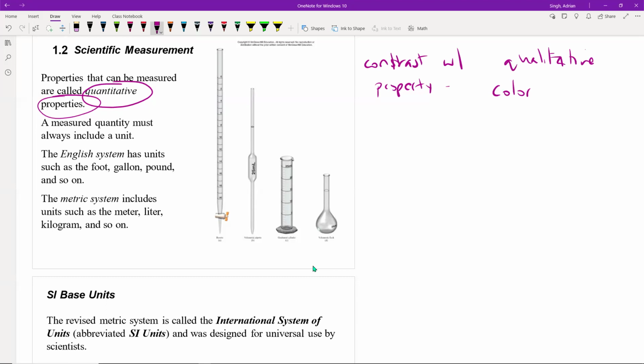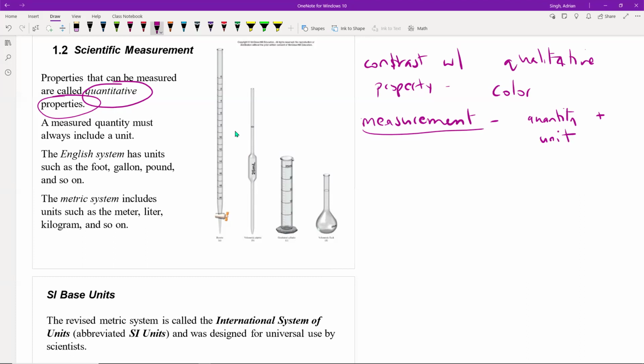And typically when we make any measurement, every single measurement should have the quantity or the amount and the unit. Okay, that gives us an idea of how big or small that particular thing is. So for example, there are a couple different systems that you are probably familiar with.